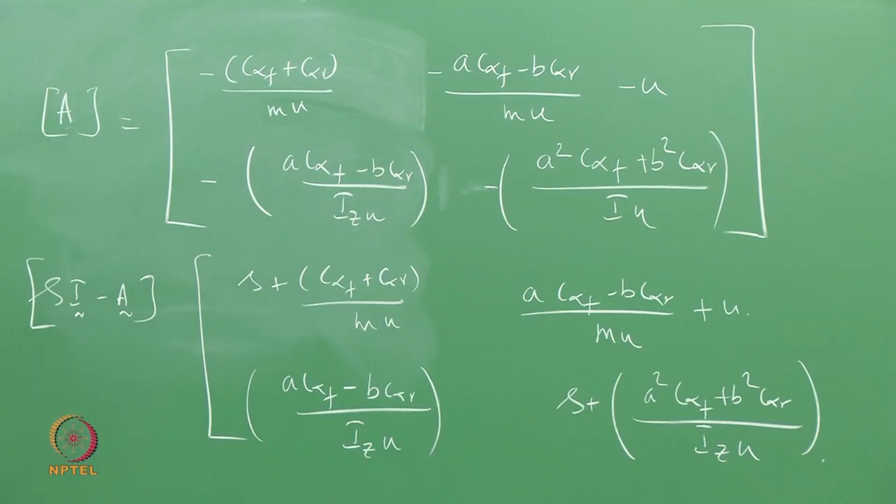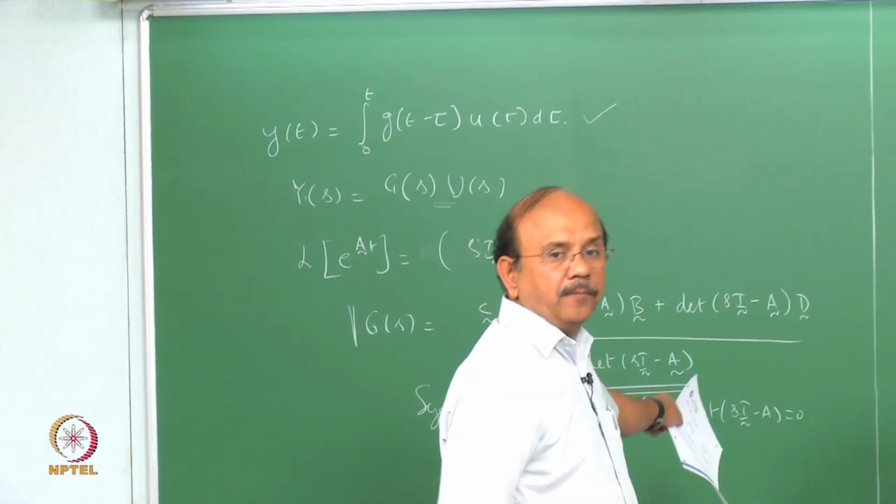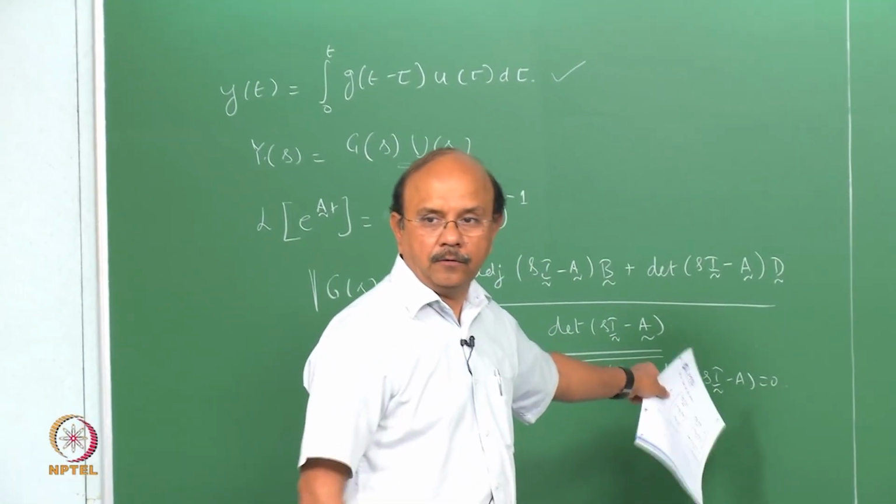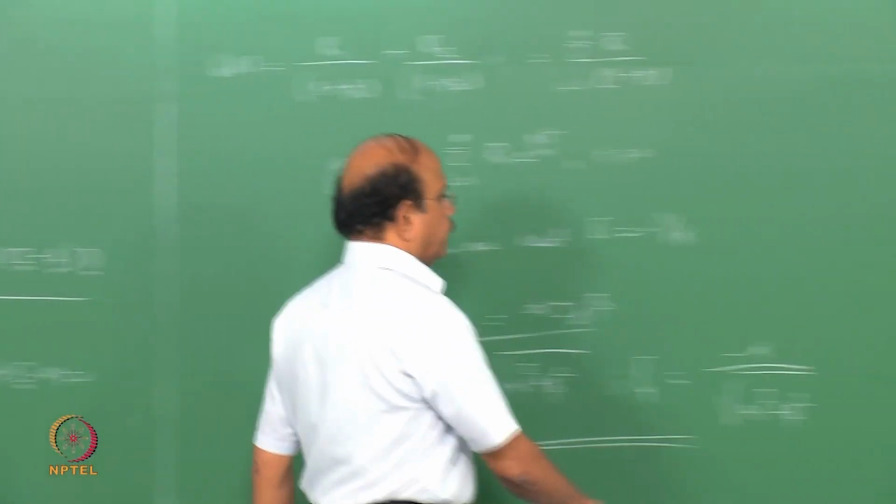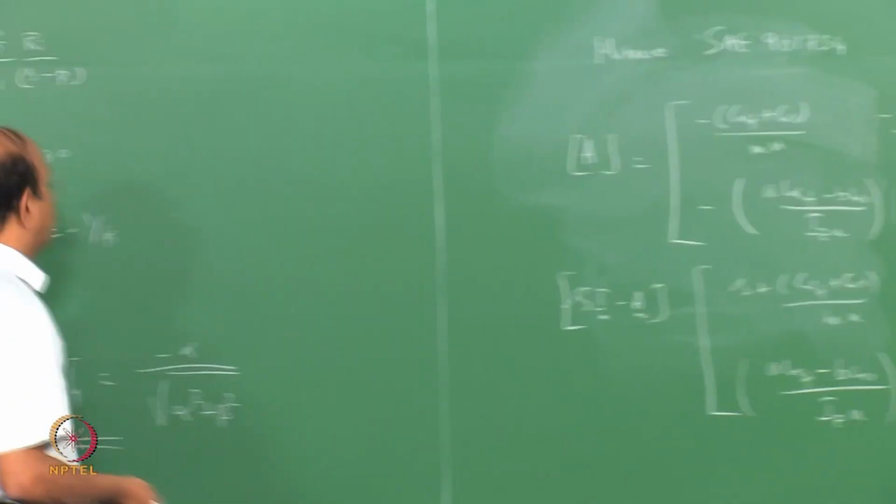Okay, so that makes my sI minus A. So the determinant of sI minus A equal to 0 is what I have to find out. That is my next step. I'm going to do that.